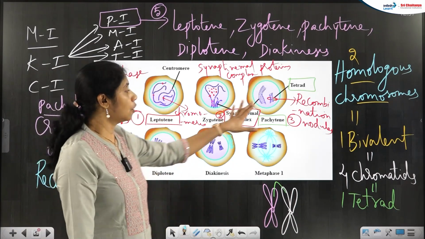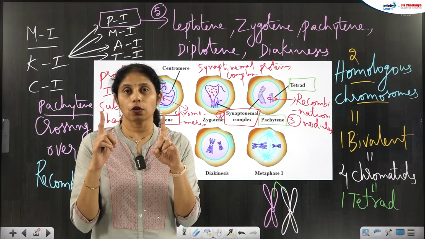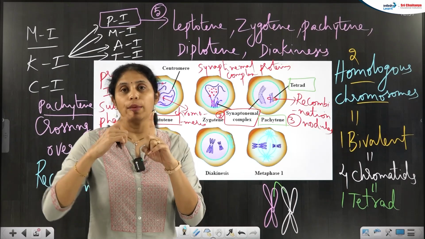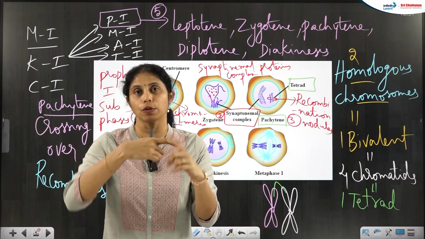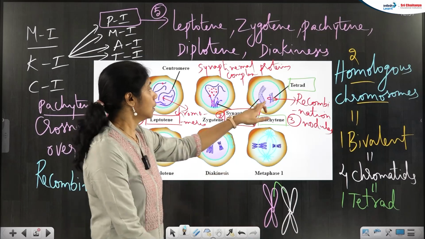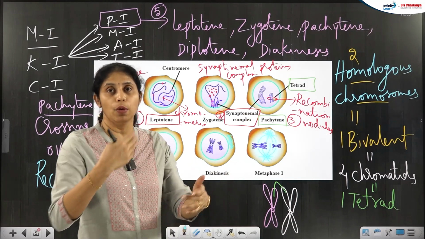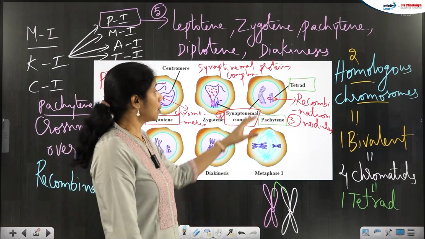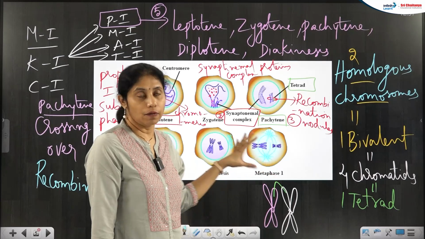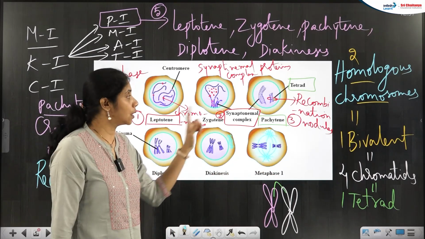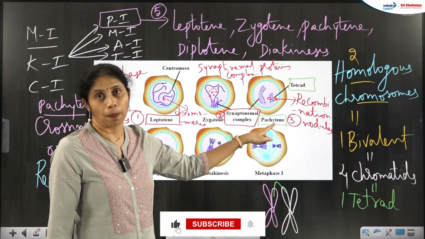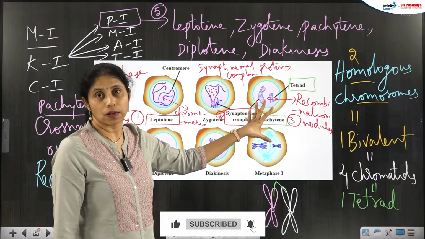With the help of recombinase, one non-sister chromatid and another non-sister chromatid break their parts, and this part will go to this and this part will go to this. The red one will go to the blue one and the blue one will come to the red one. So the process of exchange of genetic material, called crossing over, occurs in the pachytene stage.